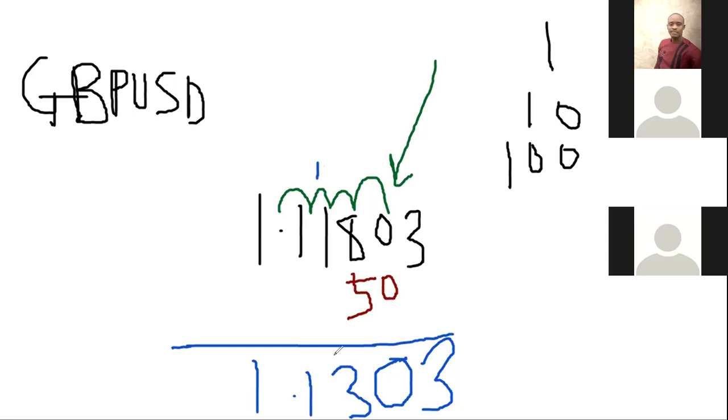So 1 plus 1 is 2. It means that the exchange rate has been increased by 50. I repeat, 3 comes down, 0 comes here, then 3 here, you put 1 here. That's 1.12303.